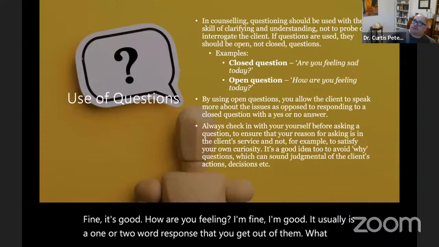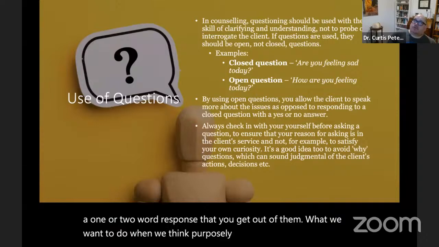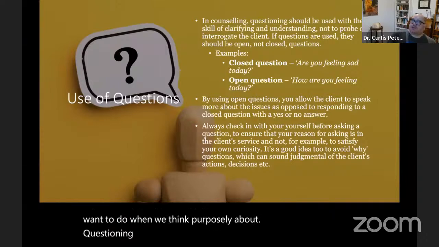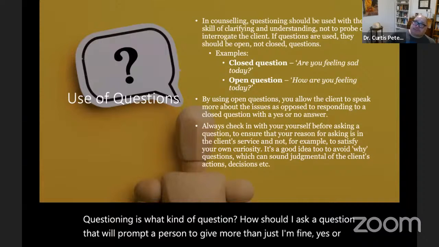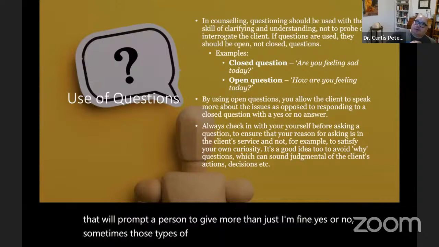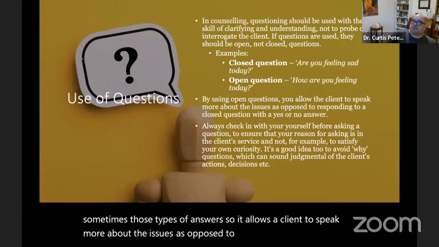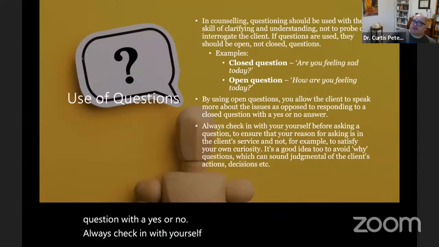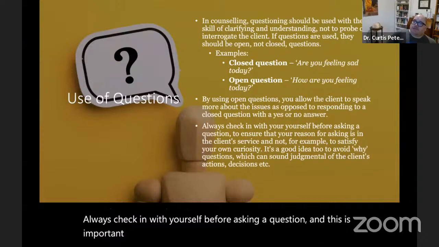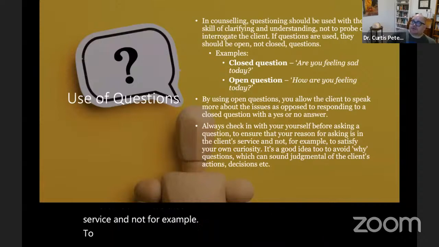What we want to do when we think purposely about questioning is ask how I should phrase a question that will prompt a person to give more than just I'm fine, yes or no. So it allows a client to speak more about the issues as opposed to responding to a closed question with a yes or no. Always check in with yourself before asking a question, and this is important to ensure that the reason you're asking is in the client's service and not, for example, to satisfy your own curiosity.